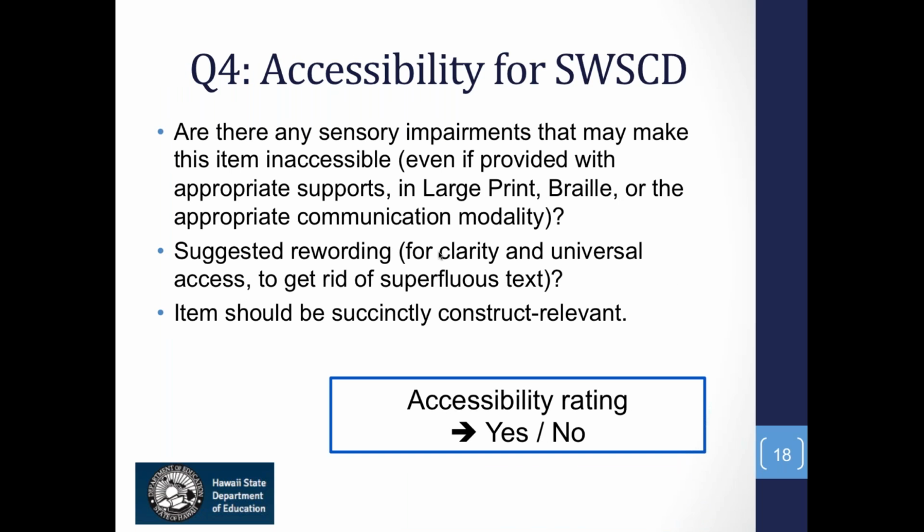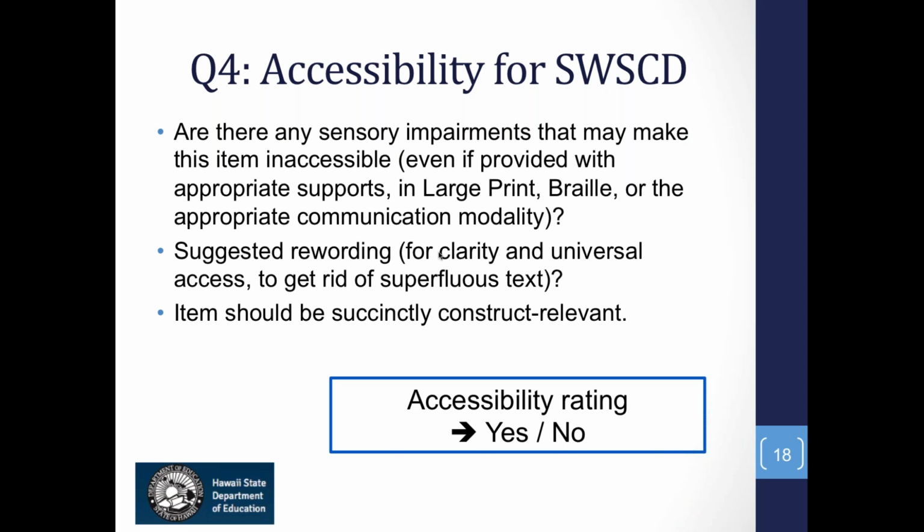The fourth question involves accessibility for students with significant cognitive disabilities. Keep in mind that there are accessibility supports, so that there are adaptive instructions as well as accessibility limitations. And I'll show you a resource that's on the DIR that tells you which items and which tasks have those particular options, and you need to think about those ratings for accessibility within that lens.